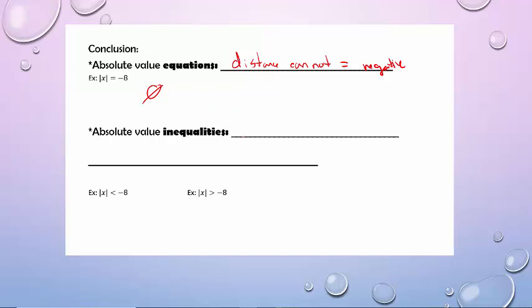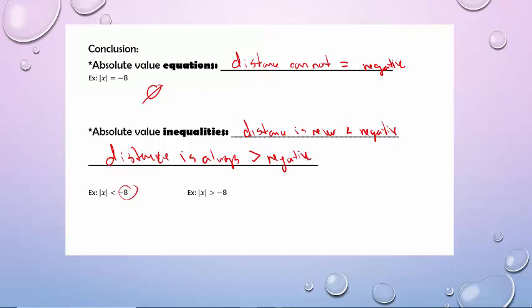Absolute value inequalities: distance is never less than a negative, and distance is always greater than a negative.